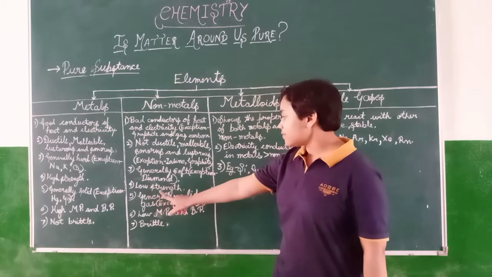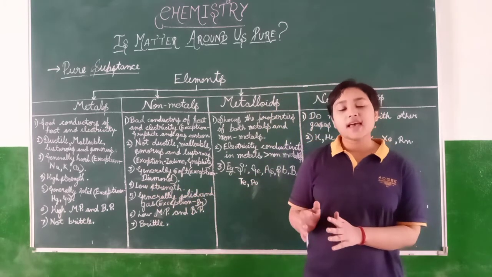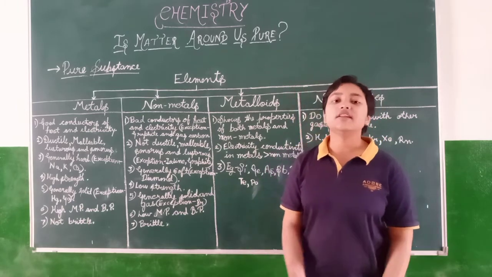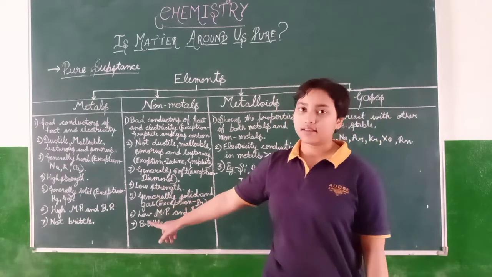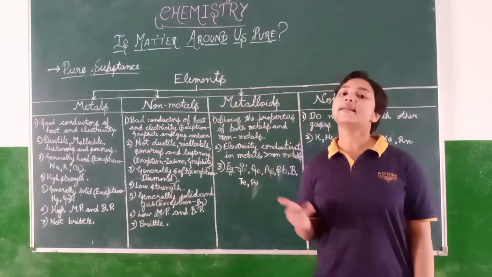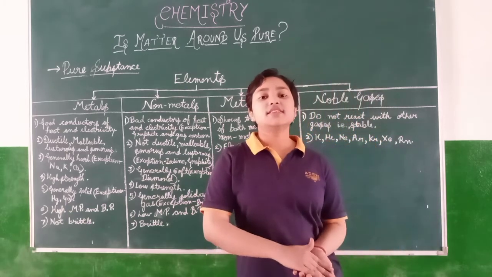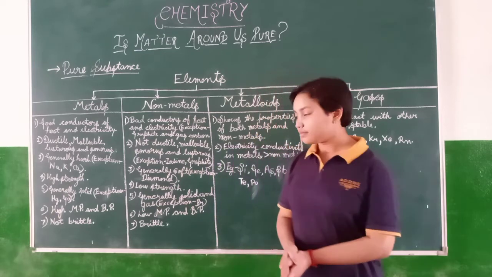Generally they have low strength. As they can be broken and powdered, they have very low strength. Generally they are solids and gases, but the exception is bromine. Bromine is the non-metal which is liquid at room temperature.